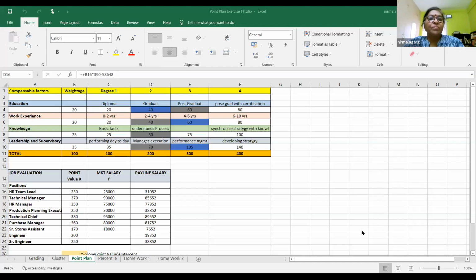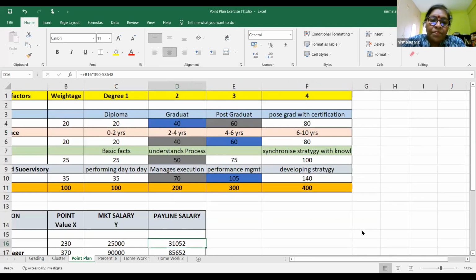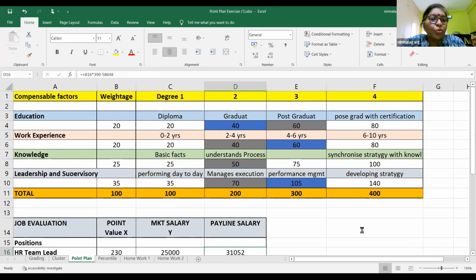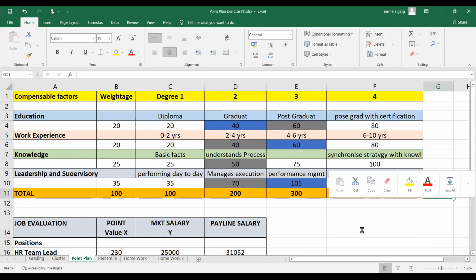Now, can you see clearly? The purpose is to show you. You may say, hey, but this is almost like job grading. Yes. Job grading and point plan method are similar when it comes to step 1, identifying compensable factors. When you started job grading, you identified compensable factors, right? All of you did that.